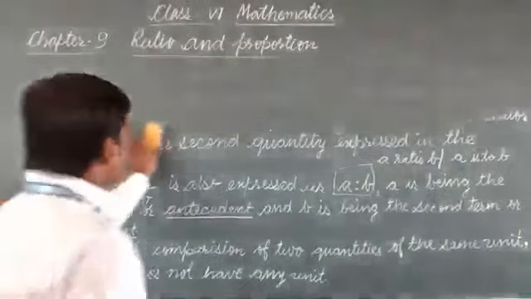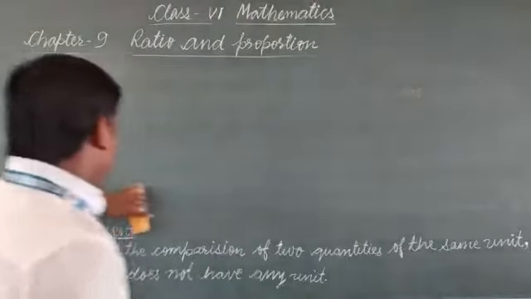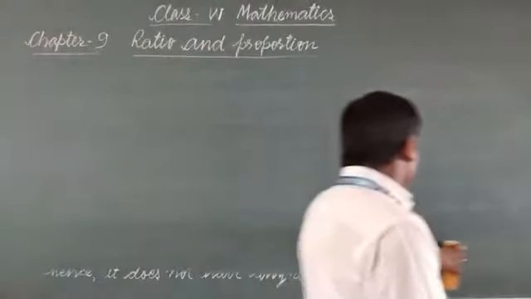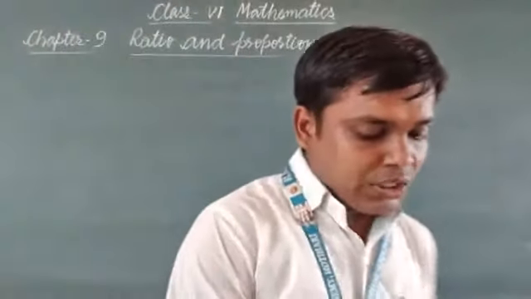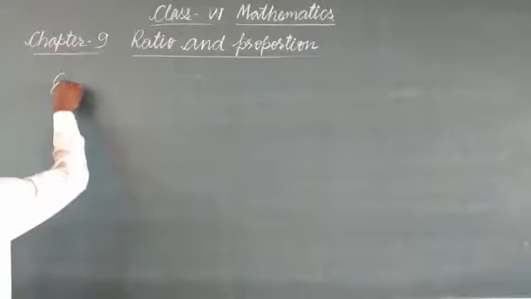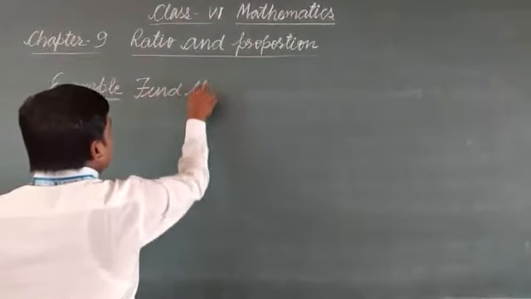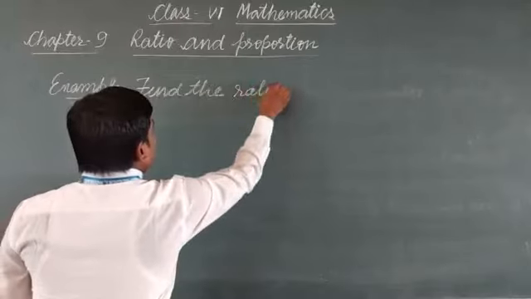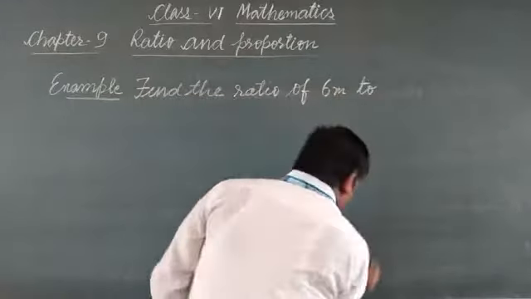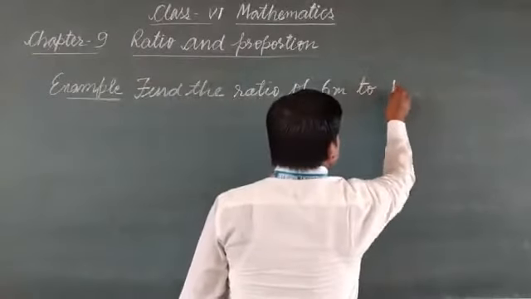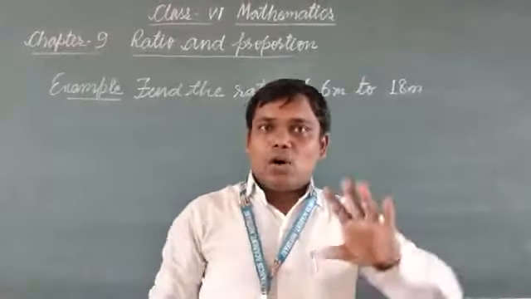Example: find the ratio of 6 meters to 18 meters. You also have to know that a ratio is always written in order.